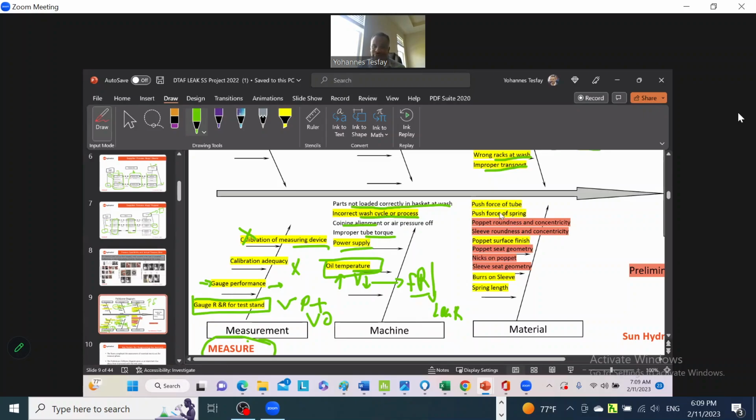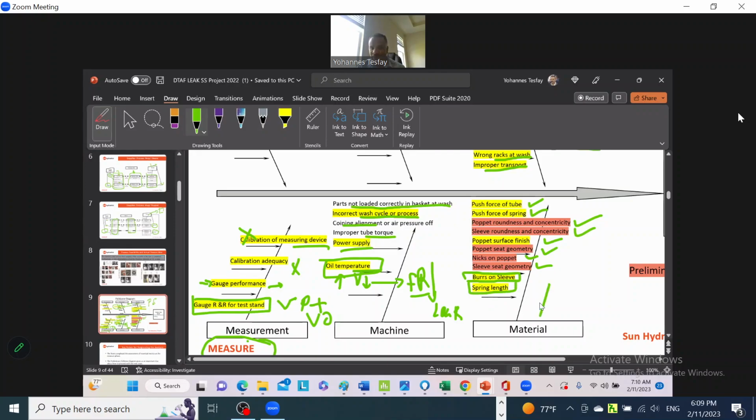Then material: push force on spring, puppet roundness and concentricity, sleeve roundness and concentricity, puppet surface finish, puppet C geometry, nicks on the puppet, sleeve C geometry, and burrs on a sleeve, spring lengths.